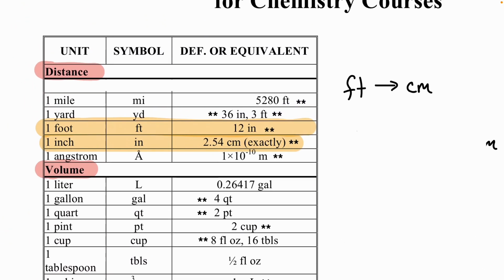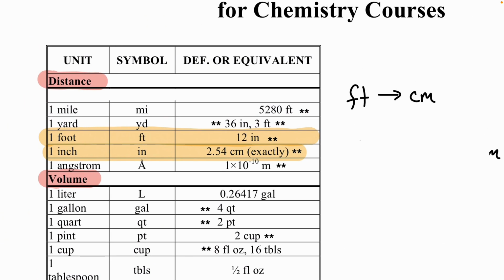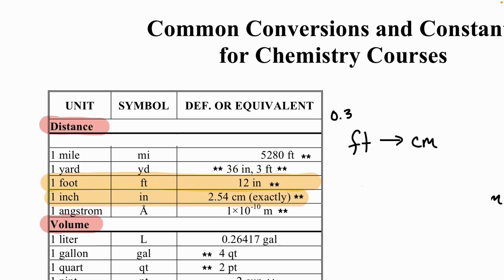Again, it was 0.032 feet into centimeters. All right, so what I'm going to do is give you a little bit of a head start, and then quietly work it up here on the board so that you can look up if you're stuck.